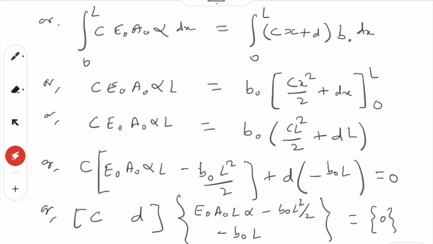So, what will we get if that is the case, if this holds regardless of what you are choosing? If you take the first equation, then this one has to be equal to 0.